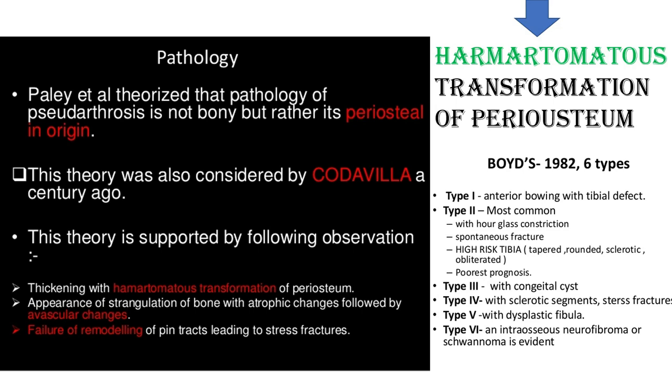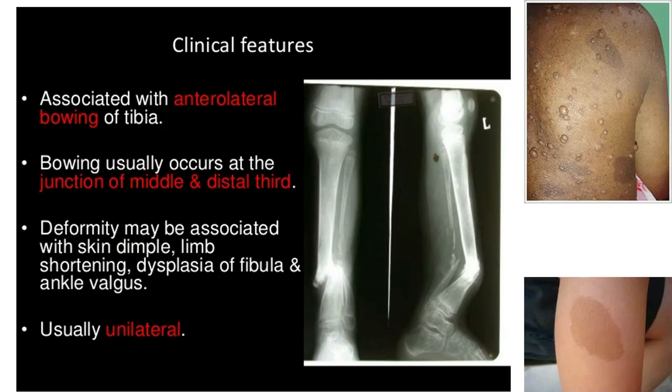Dror Paley is an orthopedic surgeon who first discovered this theory, and he is working on that. But before that, Ollier also thought about this hamartomatous transformation of the periosteum, and why it is most commonly found in the lower one third of the tibia.